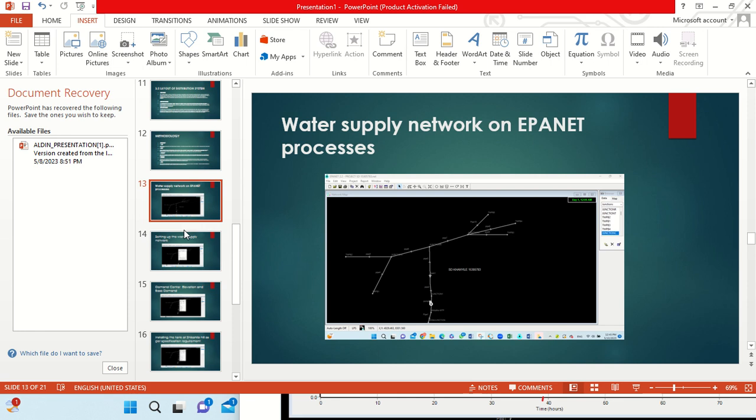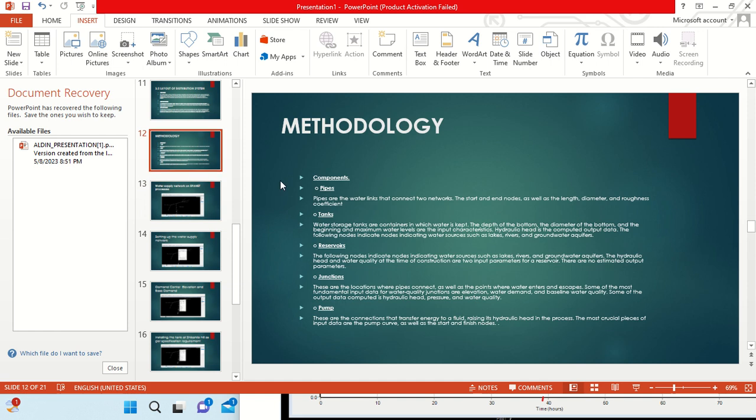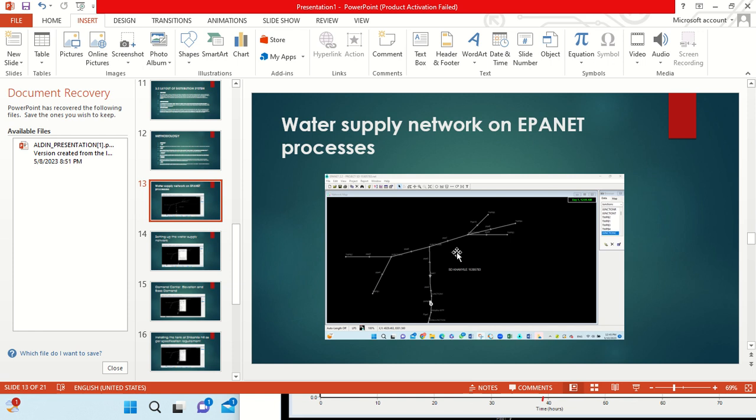So when you're dealing with EPANET, you consider the following that I've mentioned above, which is your pumps, your tanks, your reservoir, your junctions, and lastly your pipes. All these components form a proper, well-designed water distribution system, which we're going to be designing and implementing.